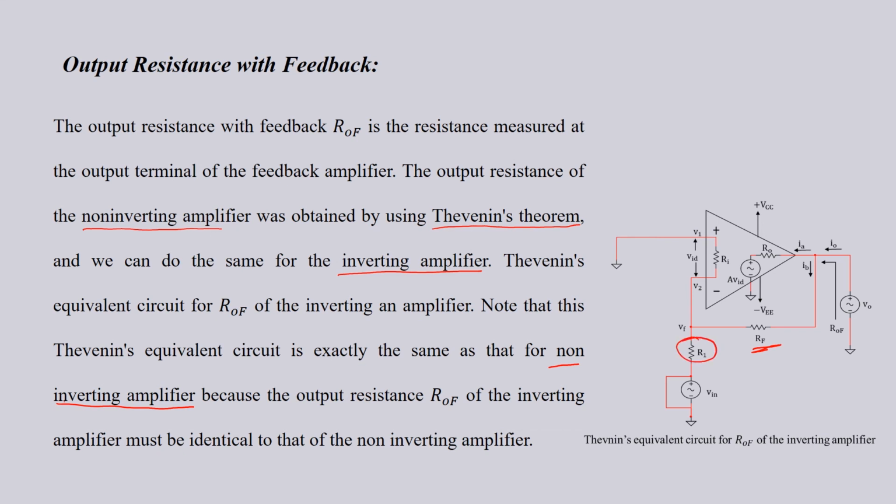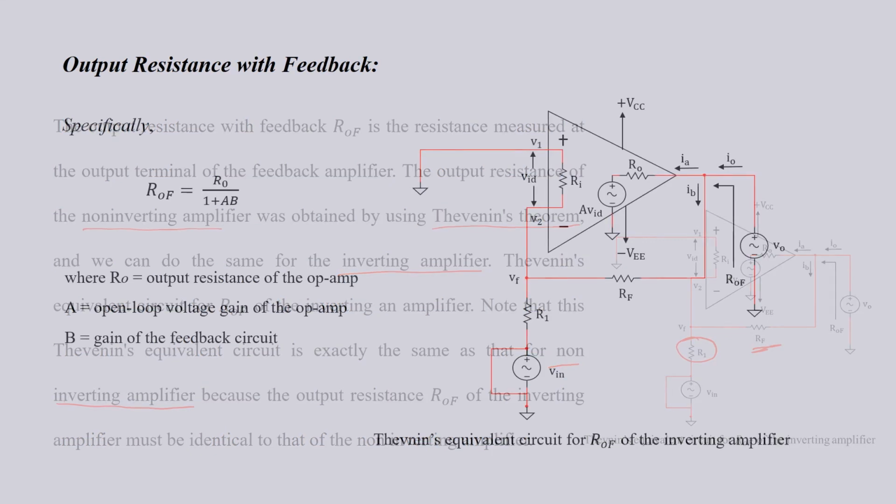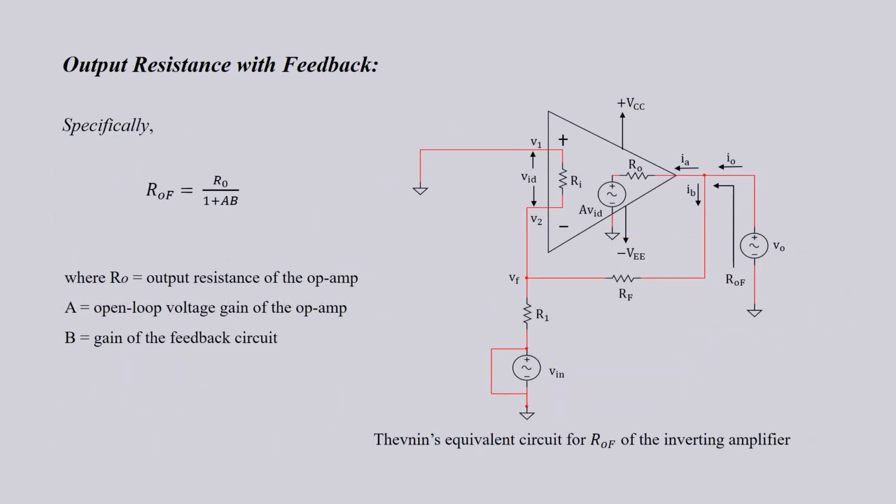It's the same, no difference whatsoever from what we did earlier, and it's identical to that of the non-inverting amplifier. So the output resistance with feedback for an inverting amplifier is exactly the same as for a non-inverting amplifier.